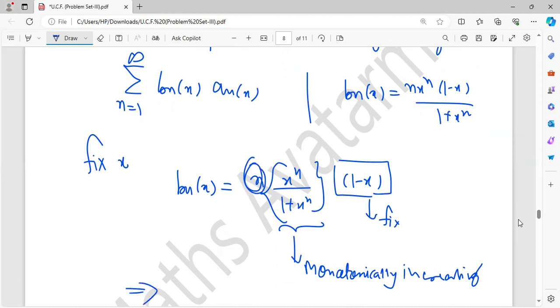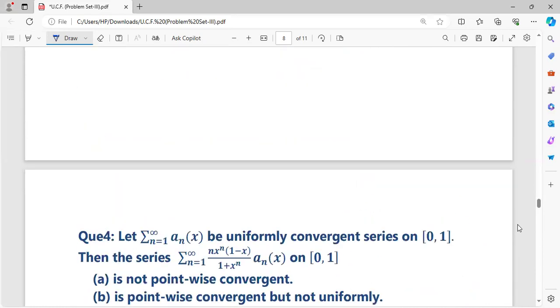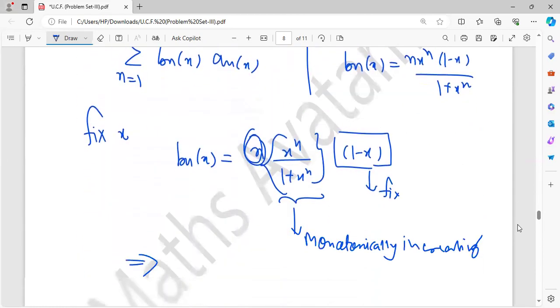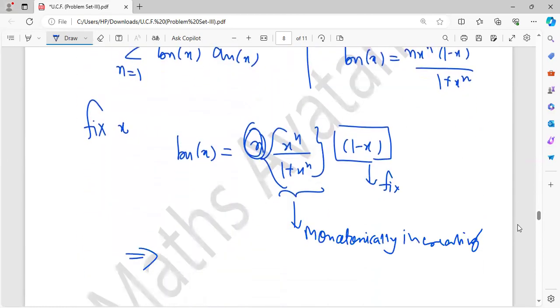And this is non-negative also, because the interval is the closed interval 0, 1. If you multiply two non-negative monotonically increasing functions, it is monotonically increasing.